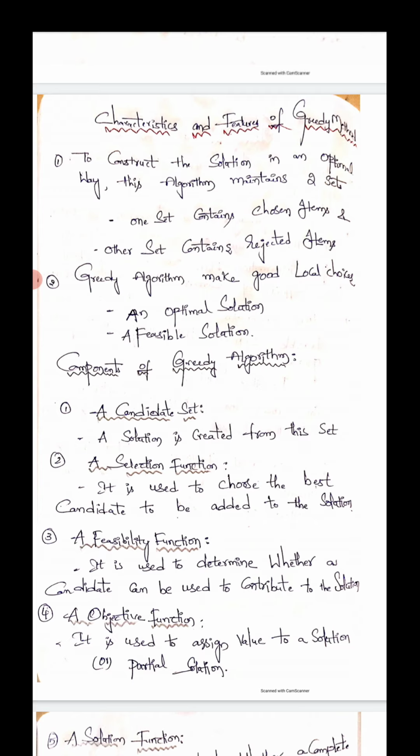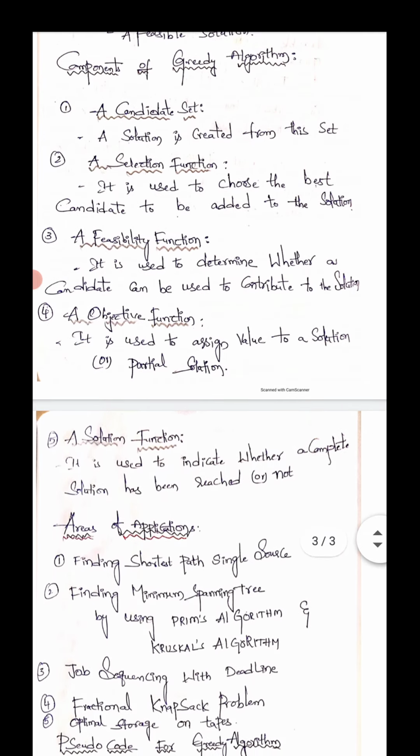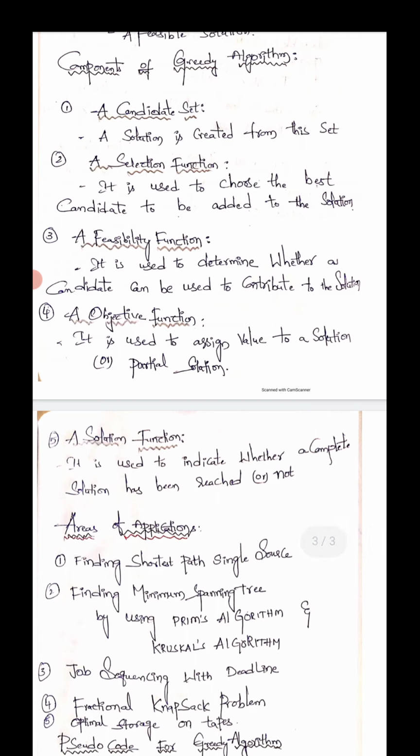Coming to the components of a greedy algorithm, there are 5 components to study. The first component is a candidate set, the second is a selection function, the third is a feasibility function, the fourth is an objective function, and the fifth is a solution function.